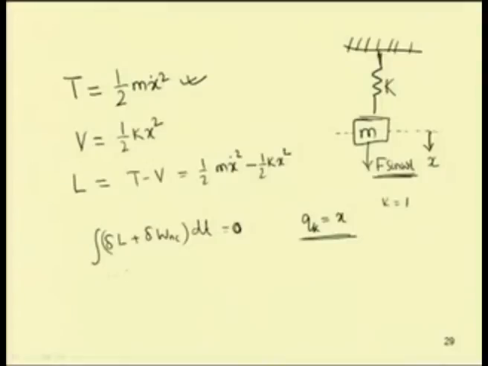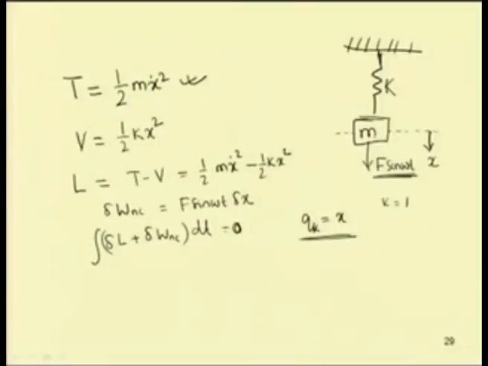Now let us find this equation of motion. This force equals delta W NC, since the force direction and the displacement direction are the same. So, it can be written as F sin omega t del x.